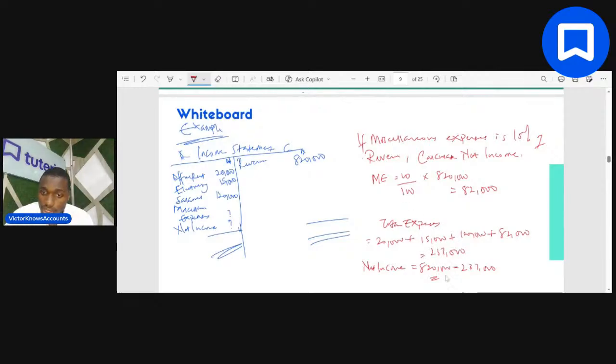That gives us an amount of 583,000. Let me check. Yes, that was option A. So that's the answer, 583,000. So if you want to do it, you can just edit it. Miscellaneous expenses 82,000, then you have your net income to be 583,000.